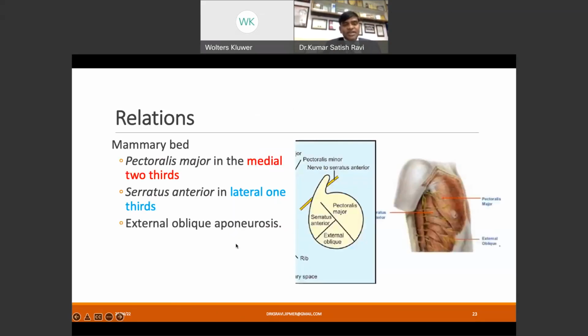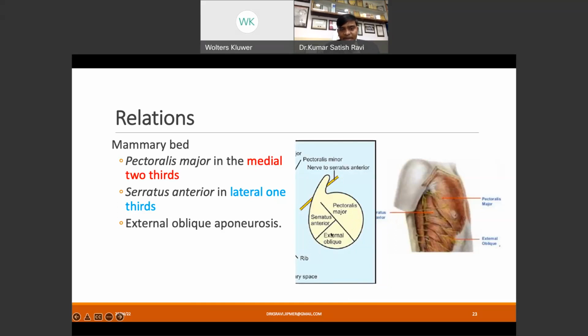Now, if you see the relations of the breast over here, the base of the gland rests upon the following structures. The pectoralis major is present in the medial two-thirds. You can see in this diagram, one is the pectoralis major, the major portion, the medial two-thirds, whereas in the lateral one-third you have the serratus anterior.